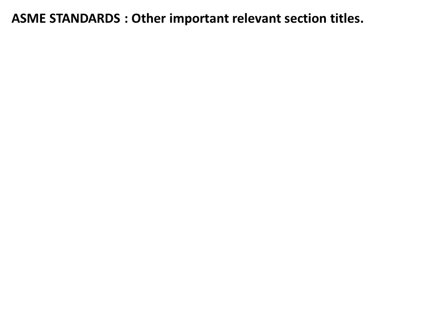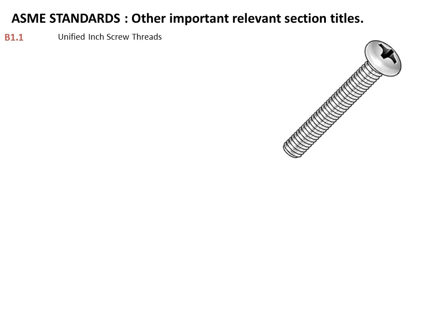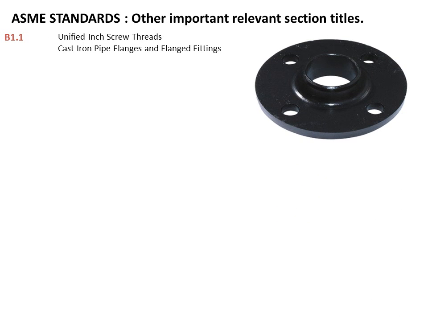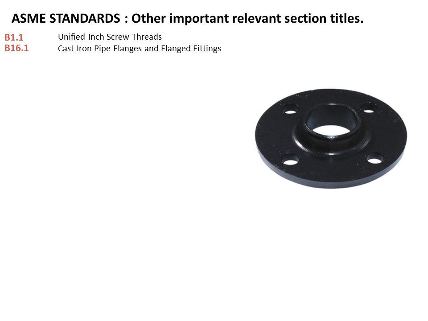Now, we will be seeing other relevant section titles, ASME standards. For unified inch screw thread, we have B1.1. Next, for cast iron pipe flanges and flange fittings, we have B16.1.